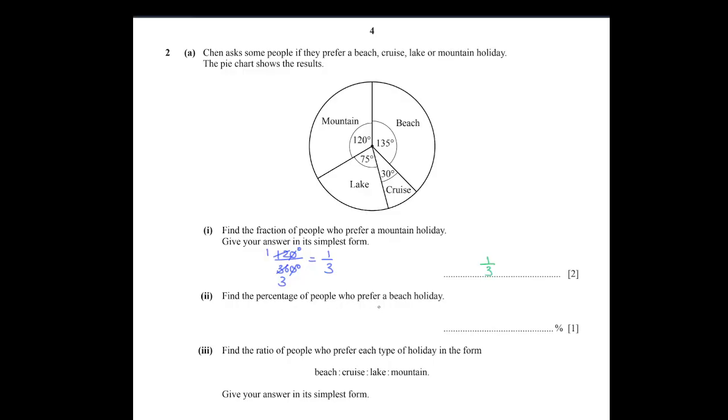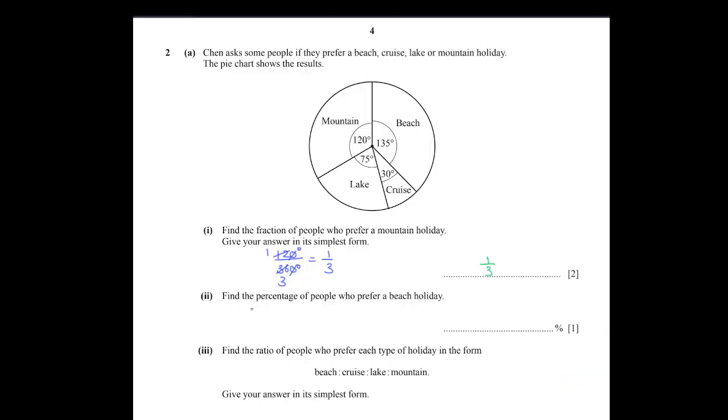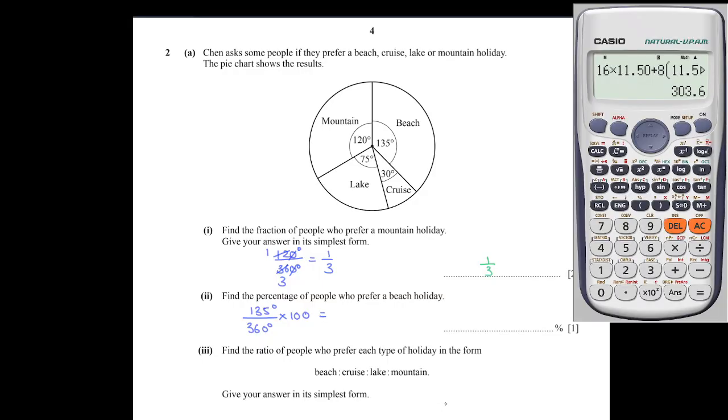Find the percentage of people who prefer a beach holiday. So beach holiday, you take the fraction, multiply by 100. So 135 by 360 into 100. You can just use your calculators here. 135 by 360 into 100, 37.5.